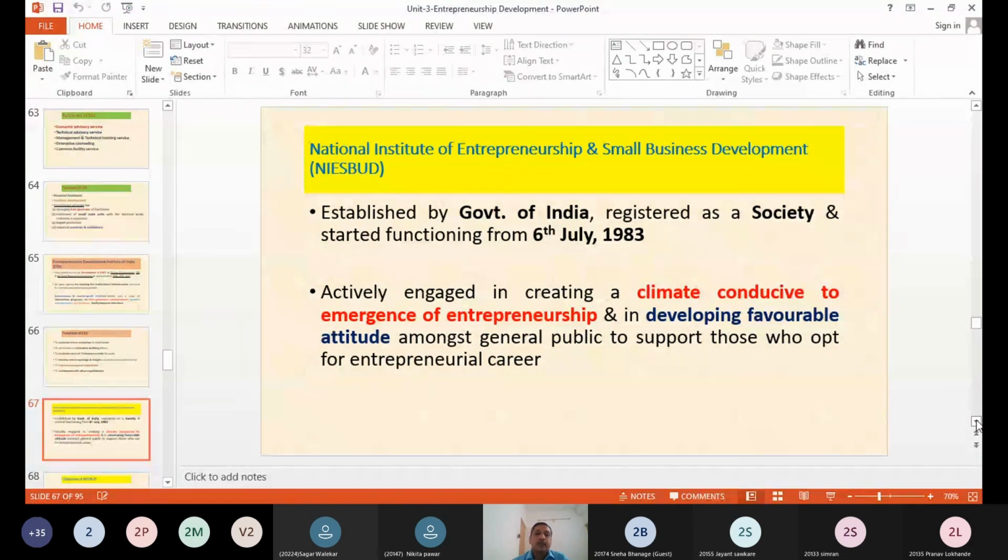This NISBUD is actively engaged in creating a climate which is conducive, that is, which is motivating, or suitable for emergence of entrepreneurship in developing favorable attitude among general public, and to support those who opt for entrepreneurial career. So it is helping to create a conducive environment wherein the young people are motivated to become an entrepreneur.